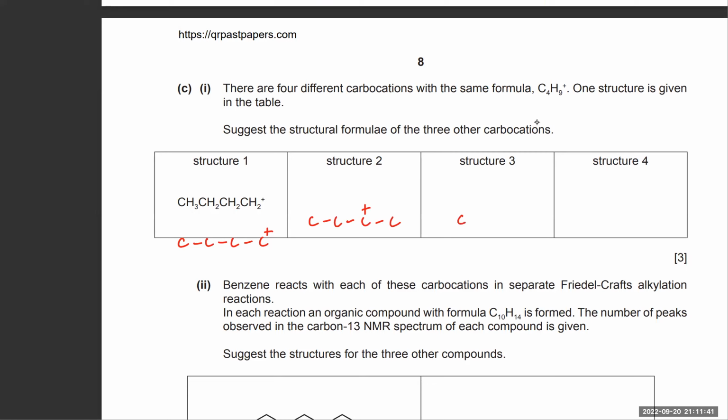Or I can have 3 carbons in a chain and 1 carbon as a branch, and this could be a carbocation. Or I can have the middle one as the carbocation, right? Making this the carbocation, this the carbocation, or this the carbocation, it's kind of the same thing. So these are my 4 carbocations, and I can add in the hydrogens.